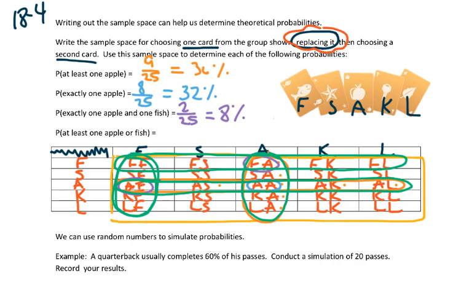So I have 16 out of 25 there. Multiply both of those by 4 to get the percent. That's 64%. So it would be much more difficult if I didn't have that table to figure out all those percentages.